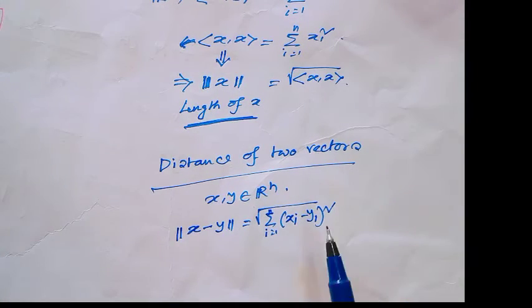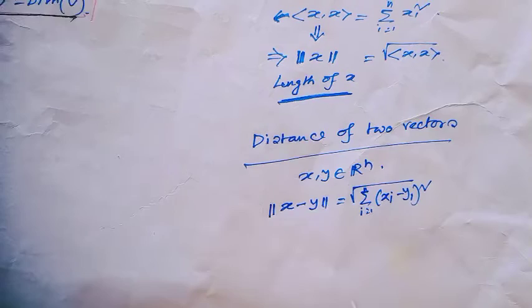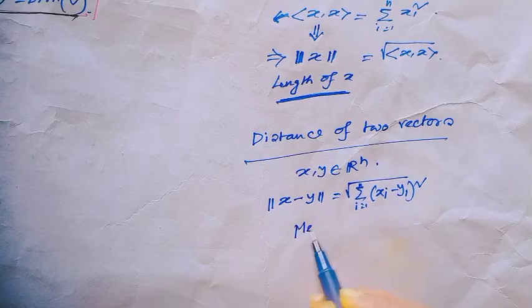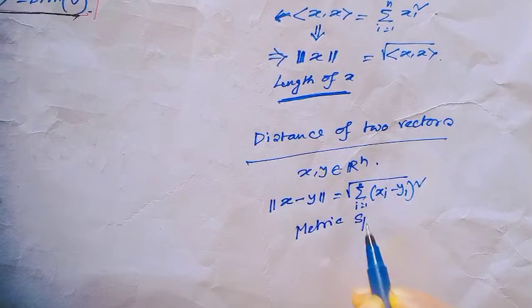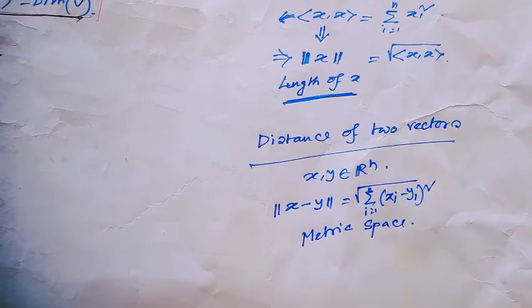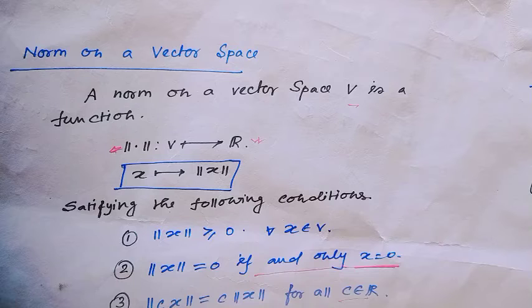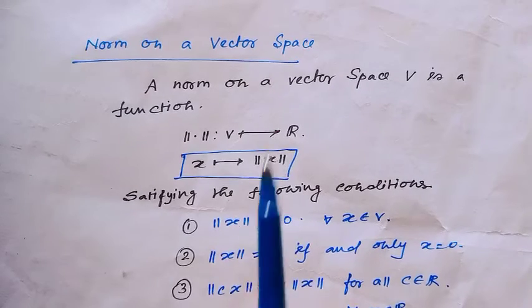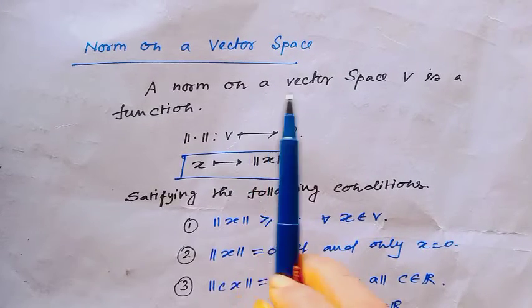This is actually the length of the difference between two vectors, and this is the idea of a metric space, which I will discuss in my next video. Today's topic is the norm on a vector space.